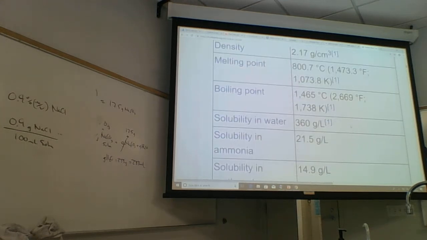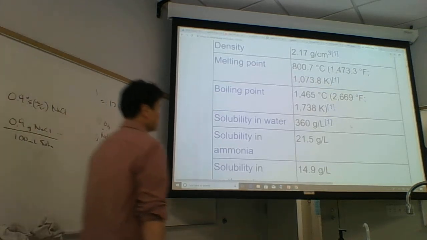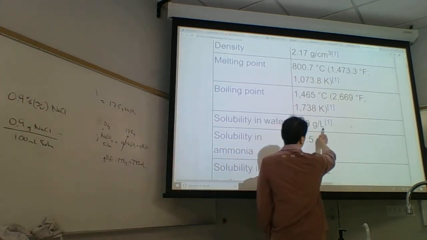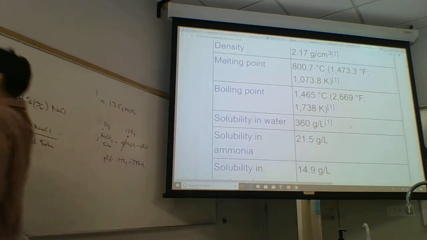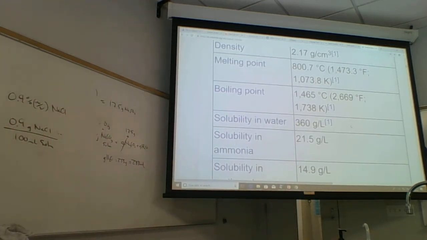This is a bit unusual for the units because this is 360 grams per liter. Usually the units they do are grams per 100 milliliters. So if we do it in grams per 100 milliliters, then it's 36 grams per 100 milliliters, 0.1 liters.